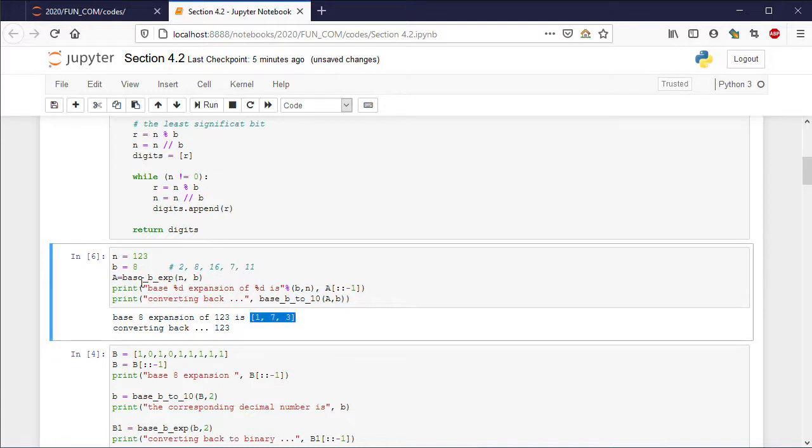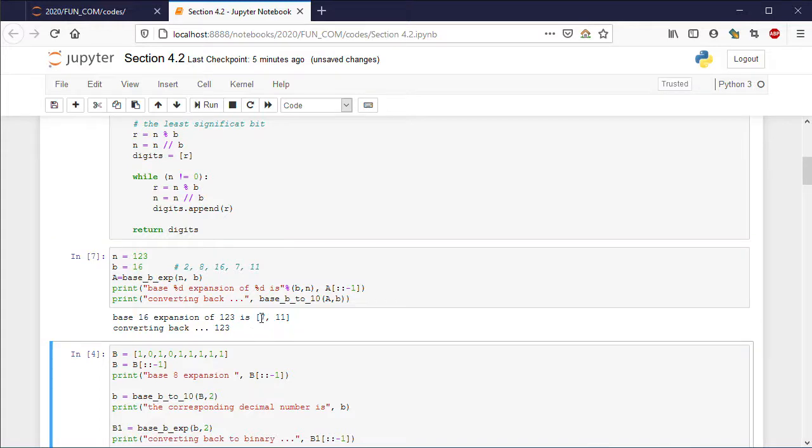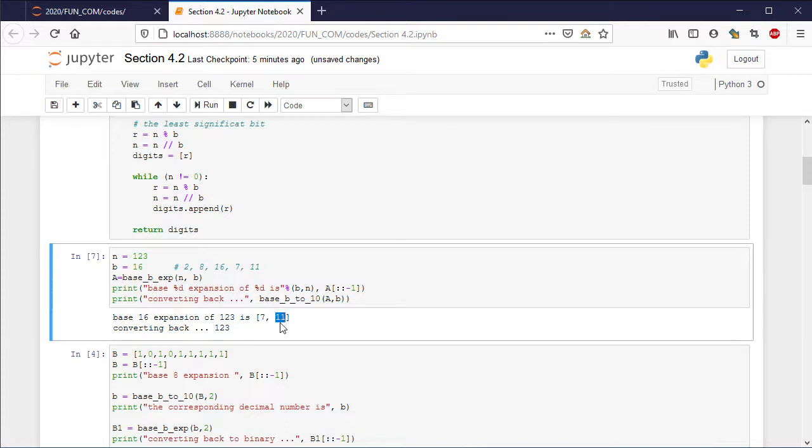And if we change this to 16, then we are going to get 7 and 11. Remember that in the hexadecimal system we have this mapping, so when you see this 11, you should encode that using the letter B. So 7B represents the decimal number 123. After doing all these experiments, we can verify the correctness.